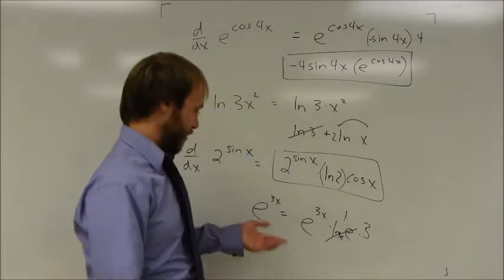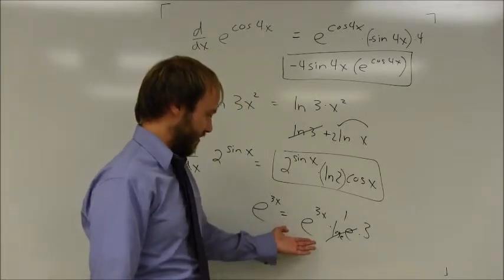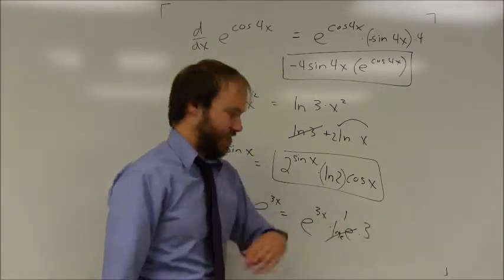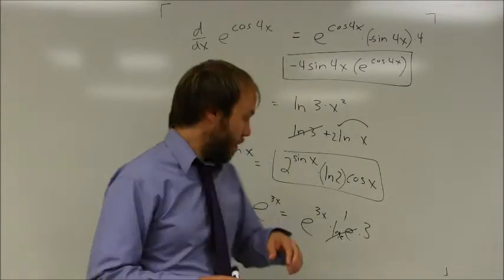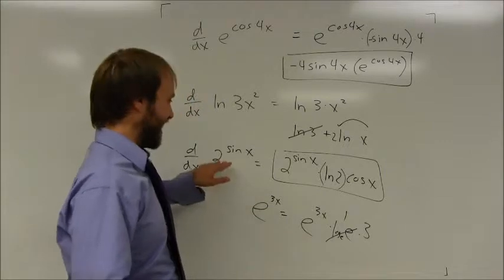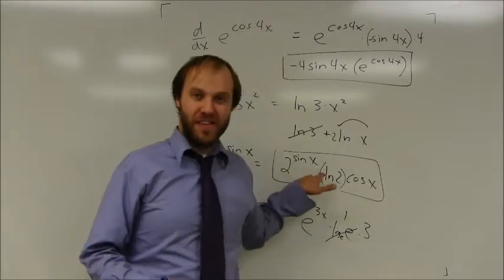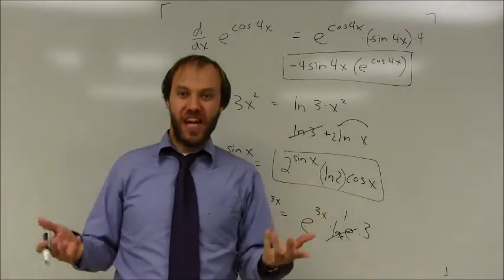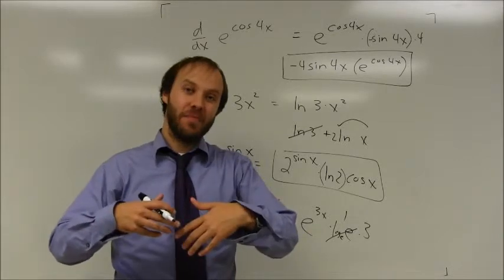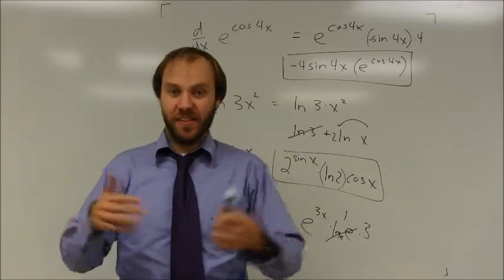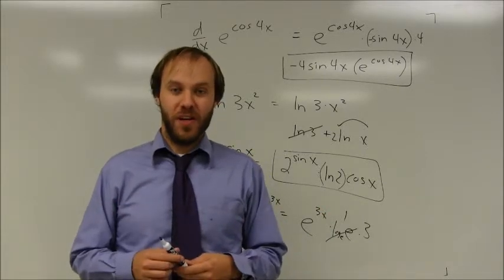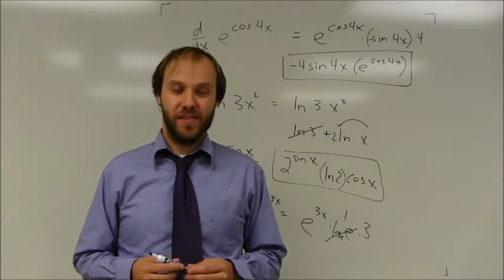So again, for your e derivatives, really you can just set it equal to itself times the derivative of the inside function. You don't really need to put that natural log step in there. But I wanted to make the point, it's the same thing that you're doing here with these other values. It's not like the rules change because it's e. It just happens to be that because it's a natural log, that value cancels. So technically you can consider those all to be the same rule, but that's why it simplifies a little bit differently.